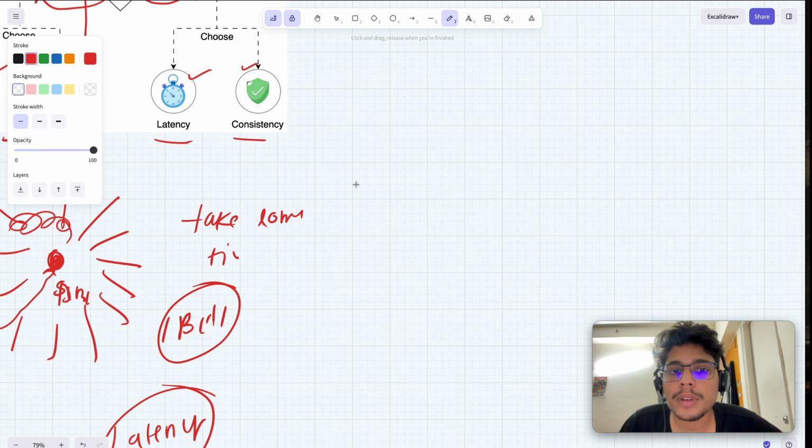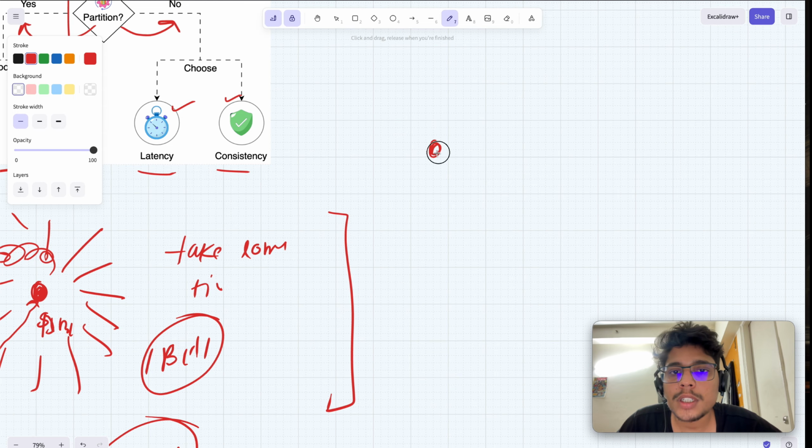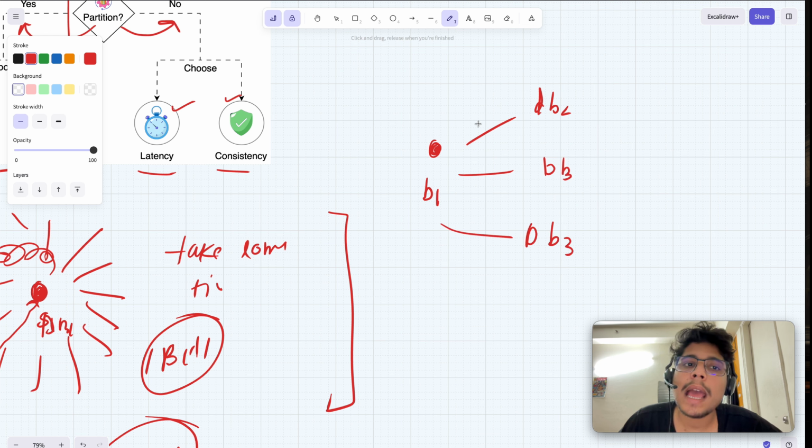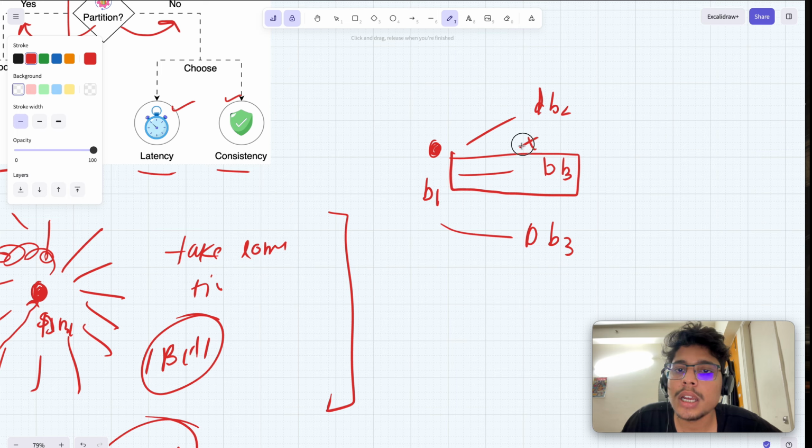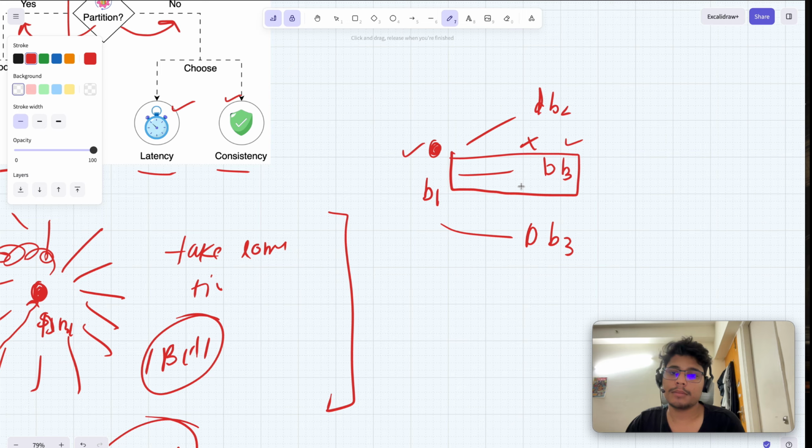Suppose we have db1, db2, db3, and db4, what will happen? Suppose that due to network latency, the data between db1 and db3 is not correctly propagated. So what will happen?